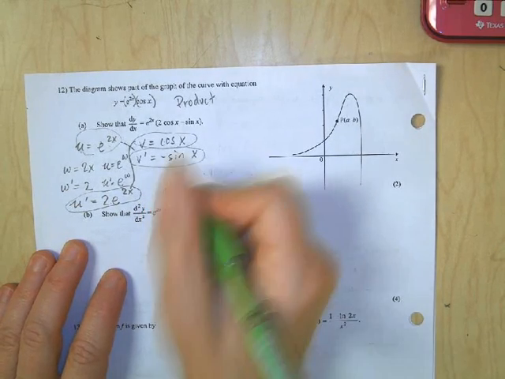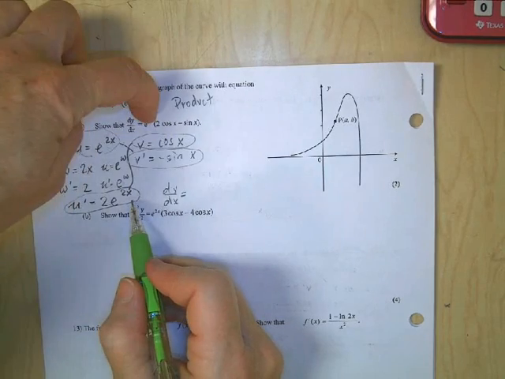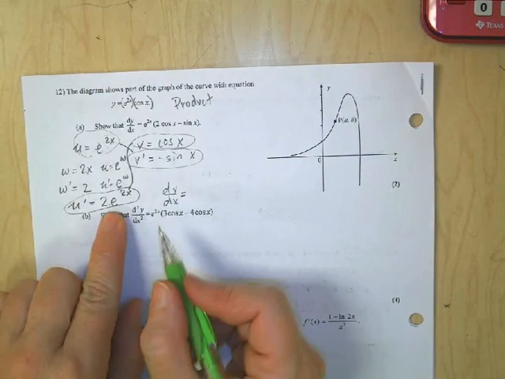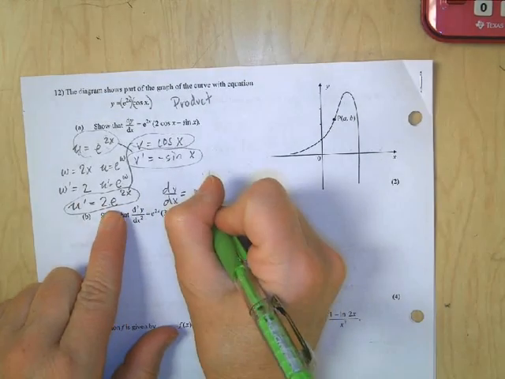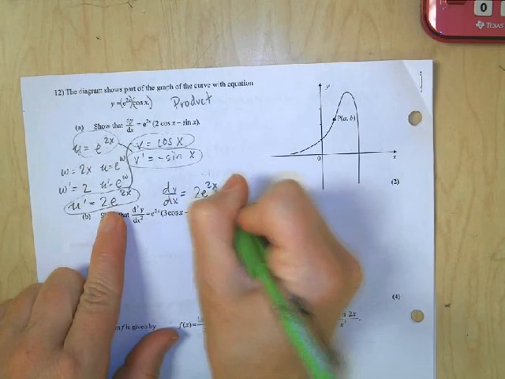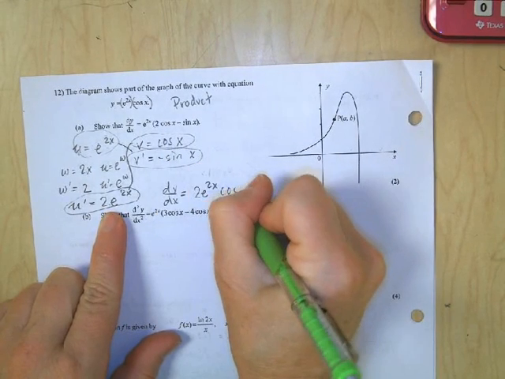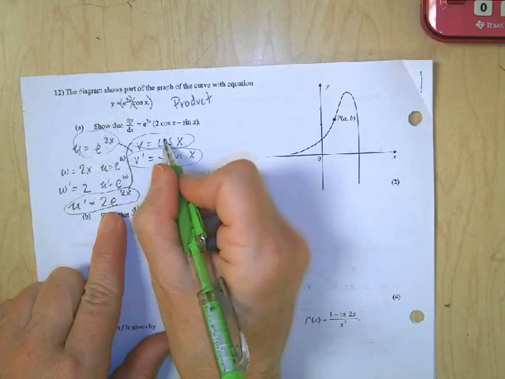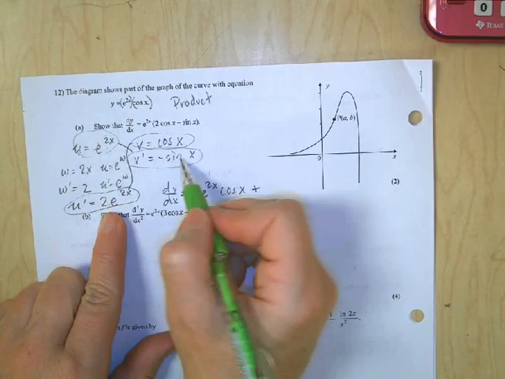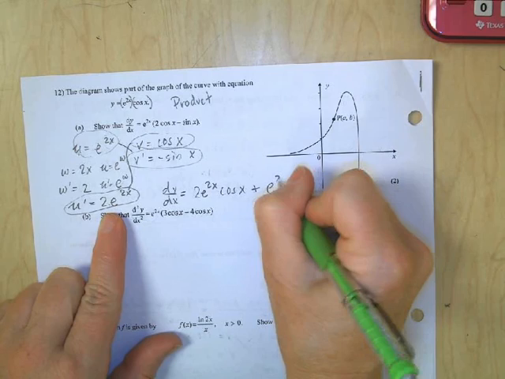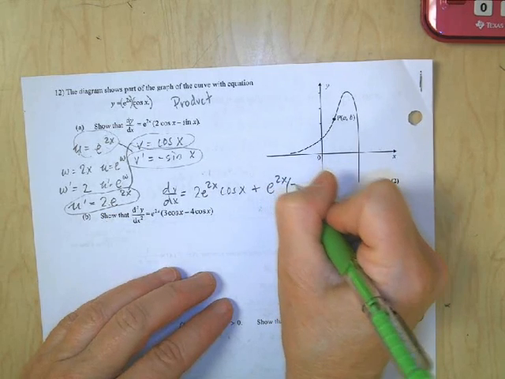Oh, I forgot, I want it to look like this, right? So I want to start with the one that has e. It's not going to look like it right away. We're going to have to do something here. Times cosine x, so this one times that one, plus this one times this one. So e to the 2x times negative sine x.